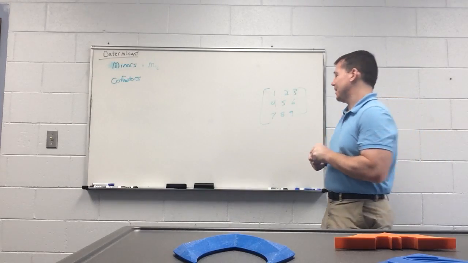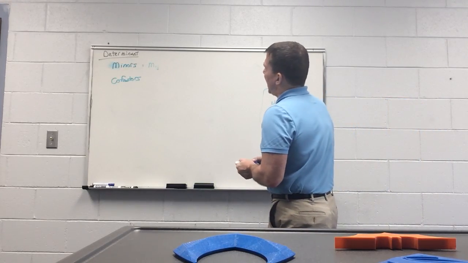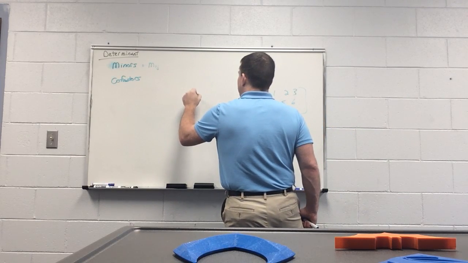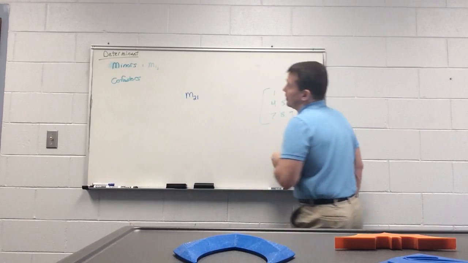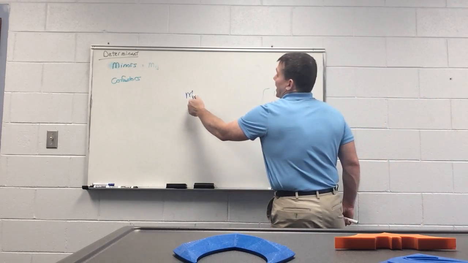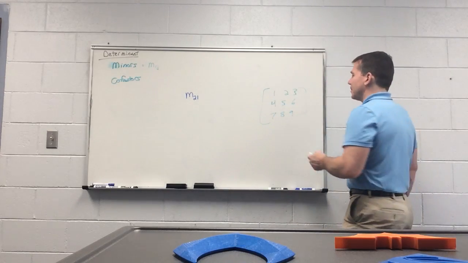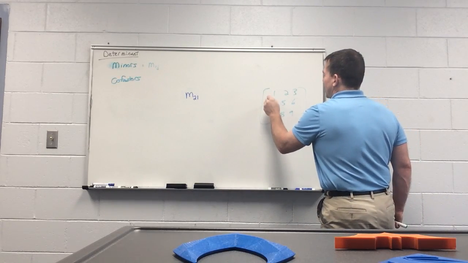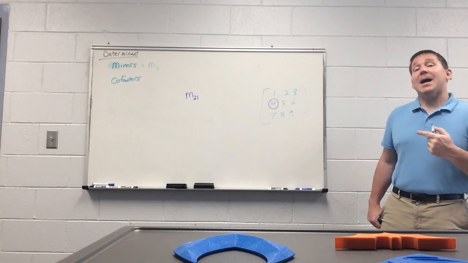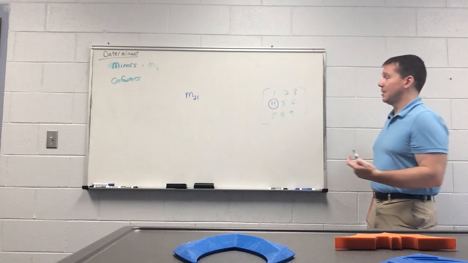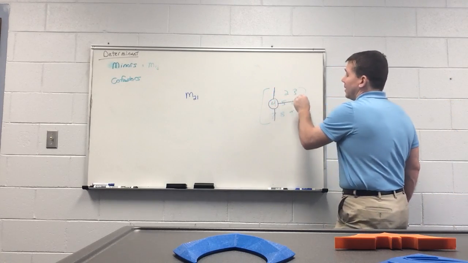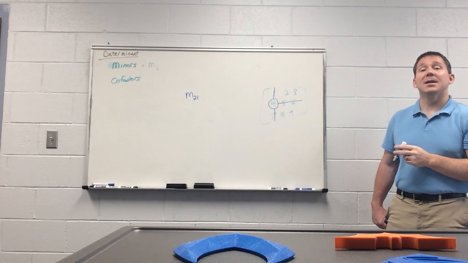So for this one right here, we will say M21. And what that means is find the minor of the second row and first column. So second row, first column, that's right here. And now the way you find the minor, you cancel out that row and column from that entry.